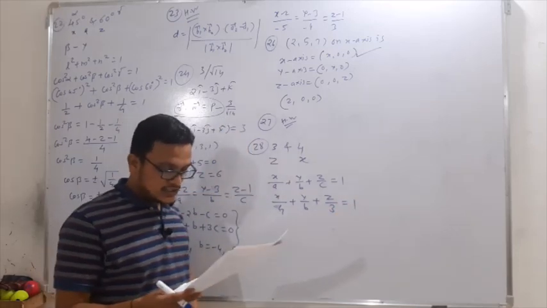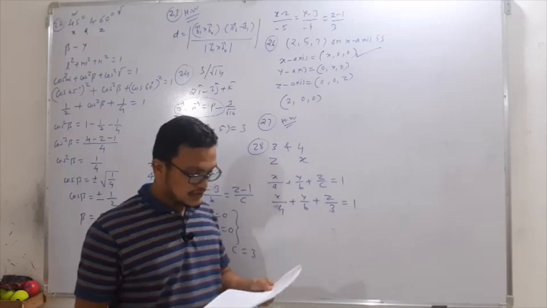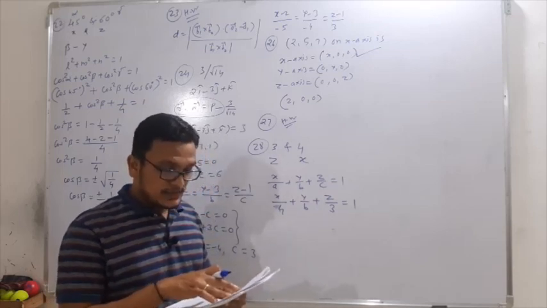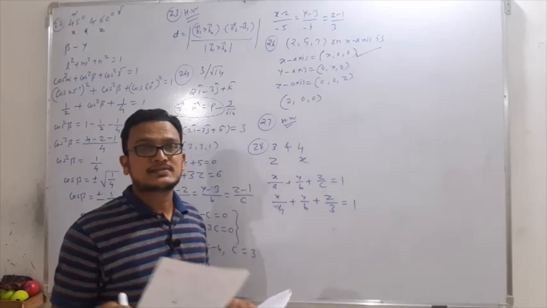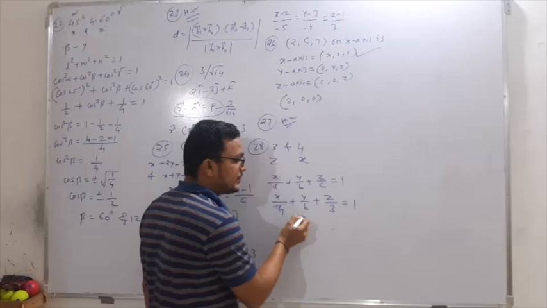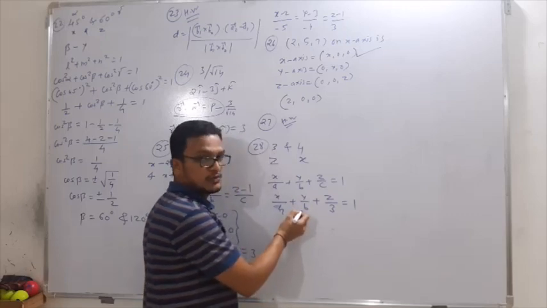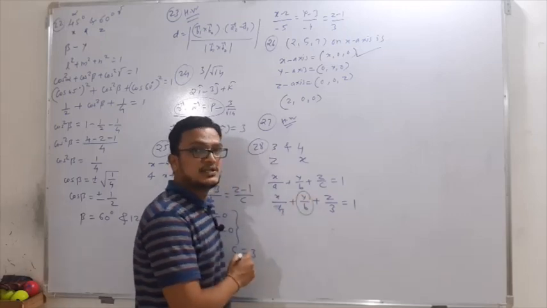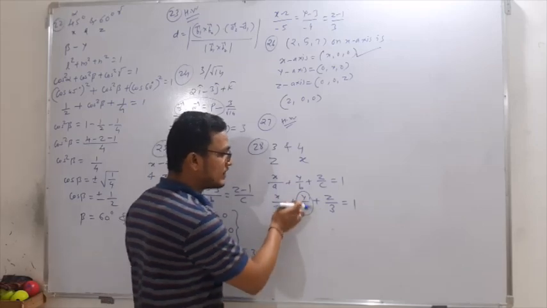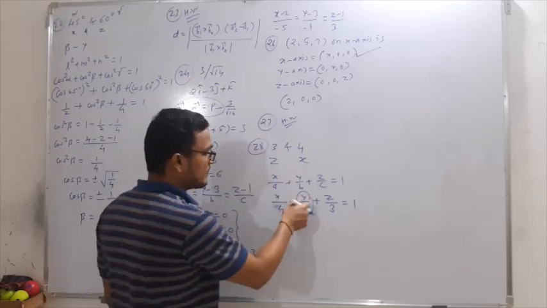Now in this one condition they have given: the plane is parallel to the y-axis. So when the plane is parallel to the y-axis, this y term will be 0. So this complete part becomes 0.